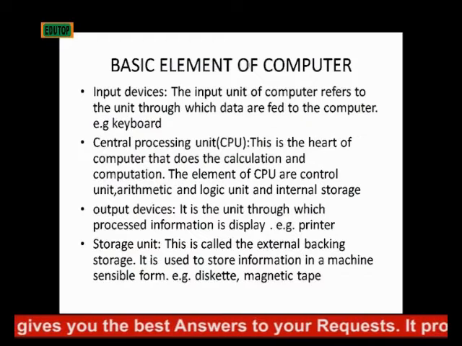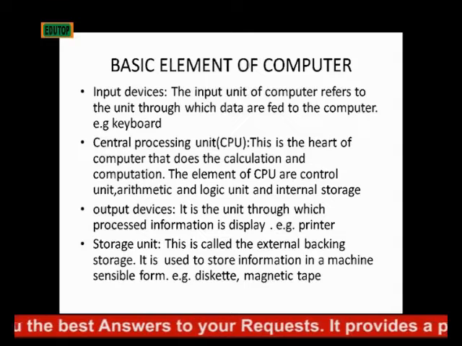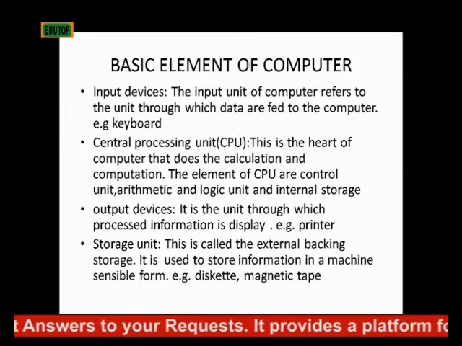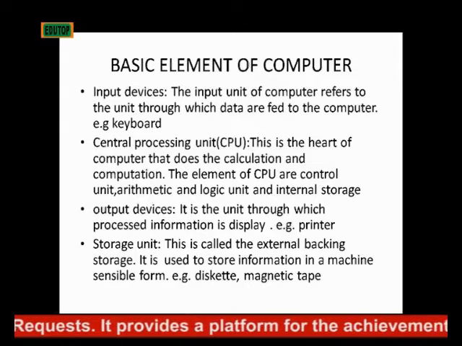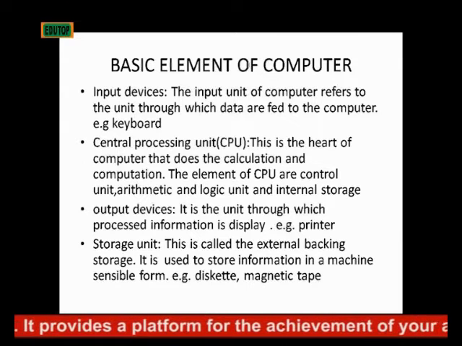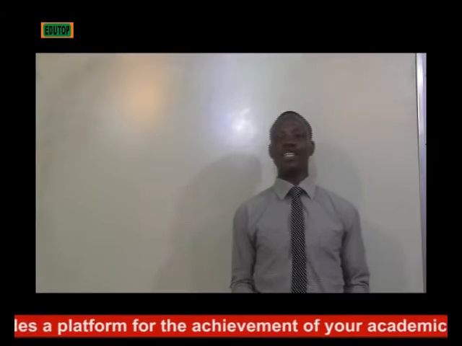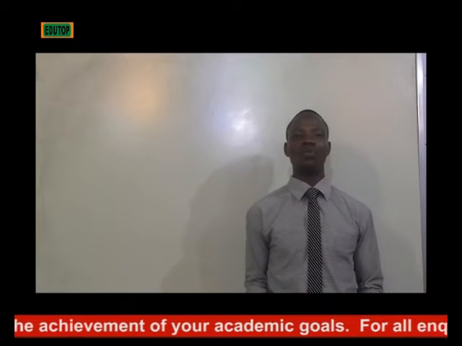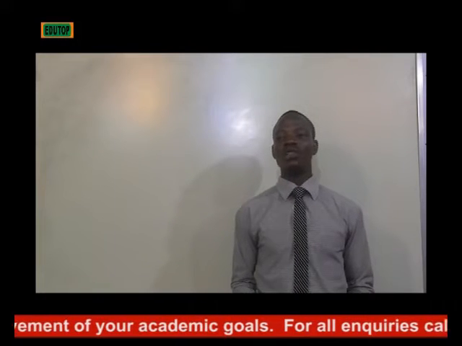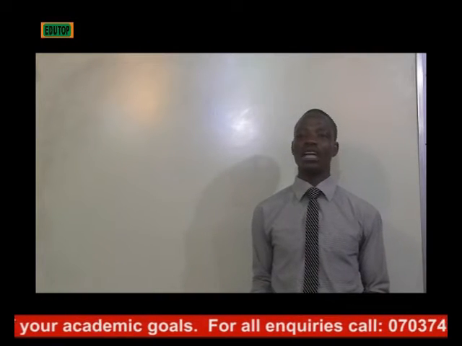Then we have a storage unit. This is called the external backing storage, and it is used to store information in machine-sensible form. For example, we have a diskette and magnetic tape. When you get information, you want a backup, an extra copy, in case you might lose the information.